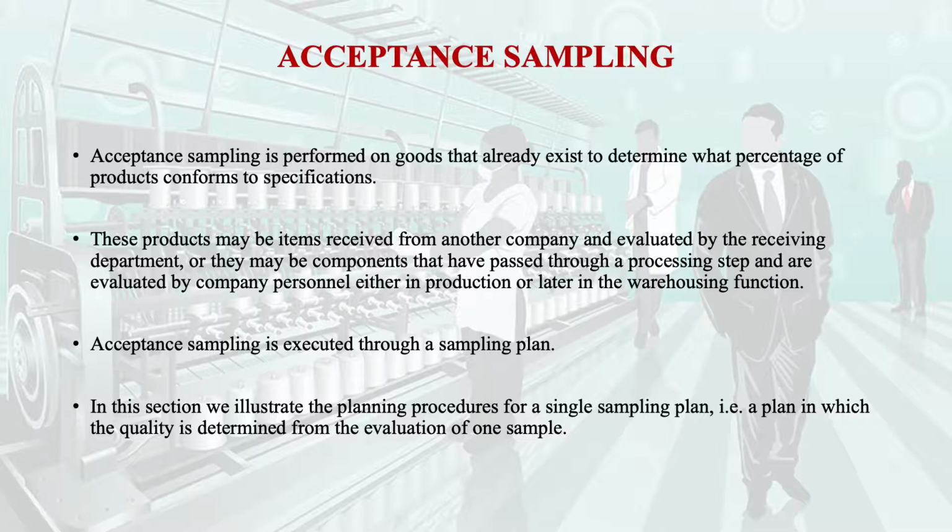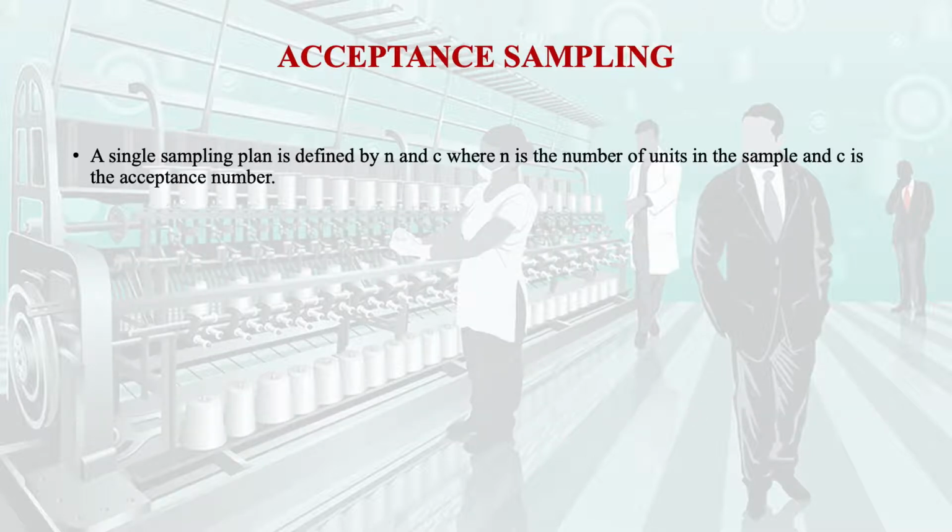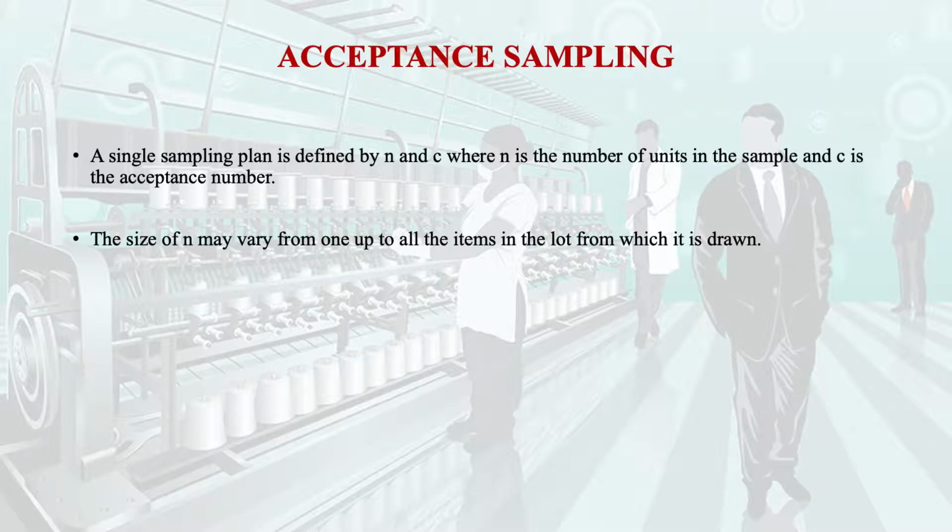A single sampling plan is defined by N and C, where N is the number of units in the sample and C is the acceptance number. The size of N may vary from 1 up to all the items in the lot from which it is drawn. I would like to clarify the quantity C.